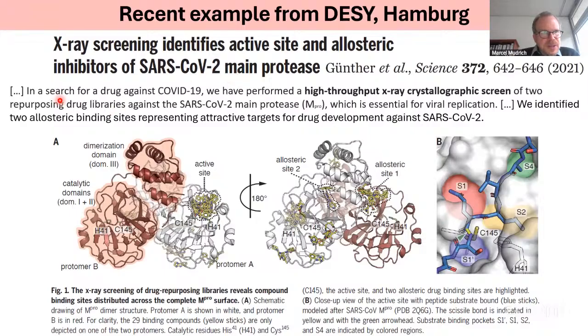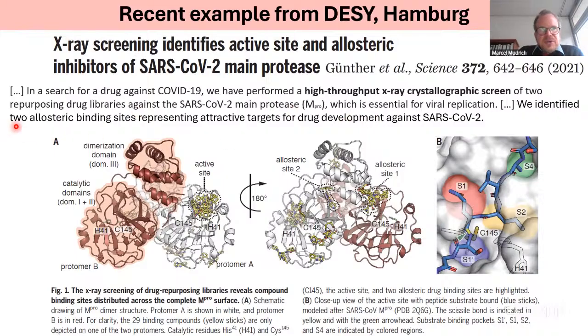And I think it says: in a search for a drug against COVID, we have performed a high throughput X-ray crystallographic screen of 2 repurposing drug libraries. So the full libraries of drugs have been screened.